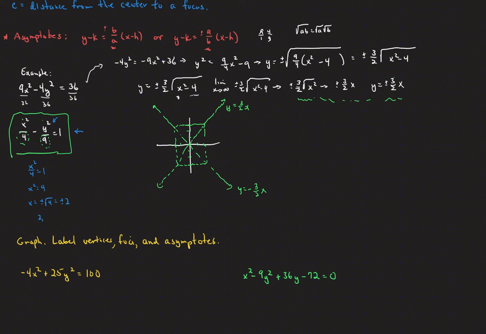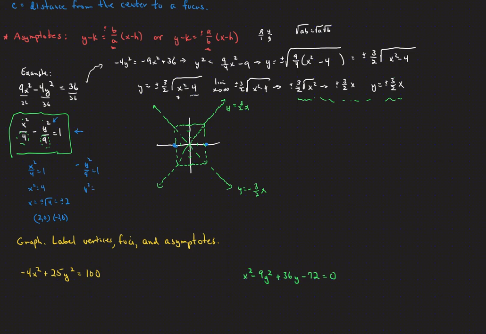So that means (2, 0) and (negative 2, 0) are going to be points on our hyperbola. Now, if we try to do that for x, if we put in 0 for x, we get a negative y squared over 9 equals 1.